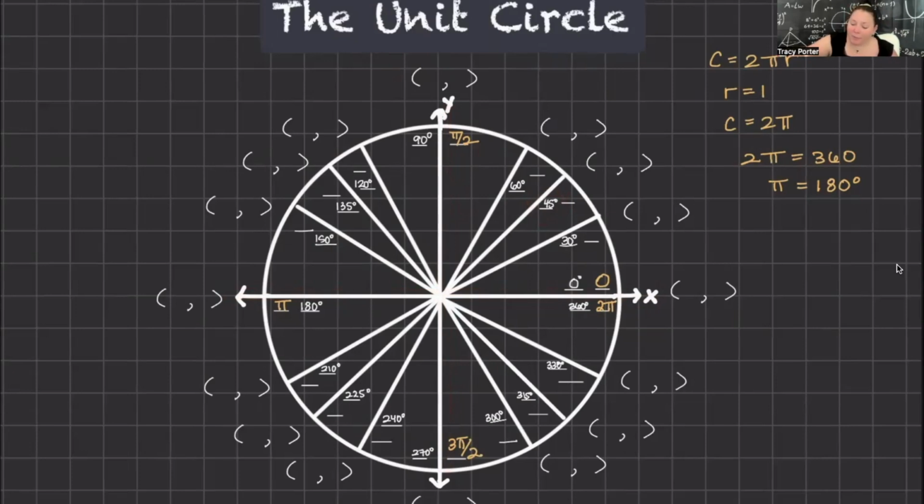So for example, if you have this distance from 0 to pi over 2, and you take half of that, well, pi over 2 times a half is going to give you pi over 4. So now we know this distance right here, or this measure in radians, is going to be pi over 4. So from here to here is pi over 4.